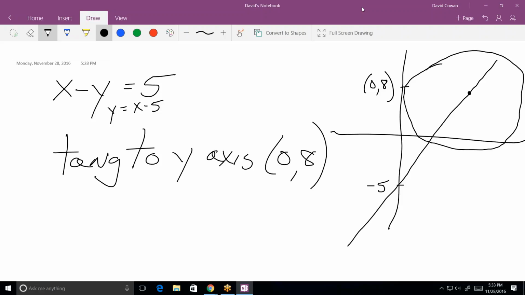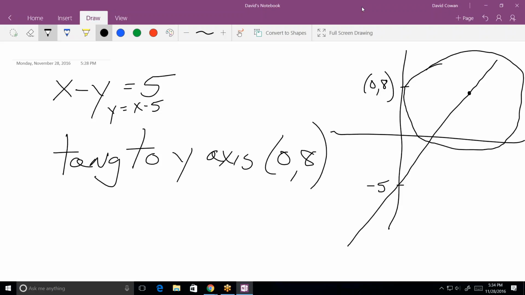And wouldn't the x-intercept of our line be 5? Yeah, it would be. And so if it goes up by 1, wouldn't we just add 8 to our 5? Well, no, I think this is a little more difficult.